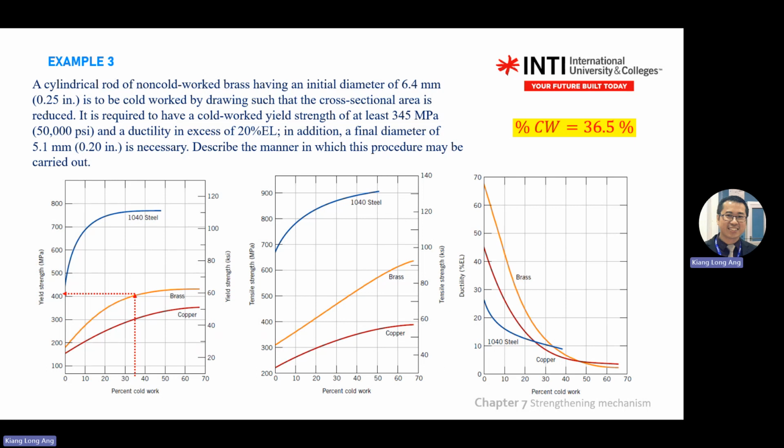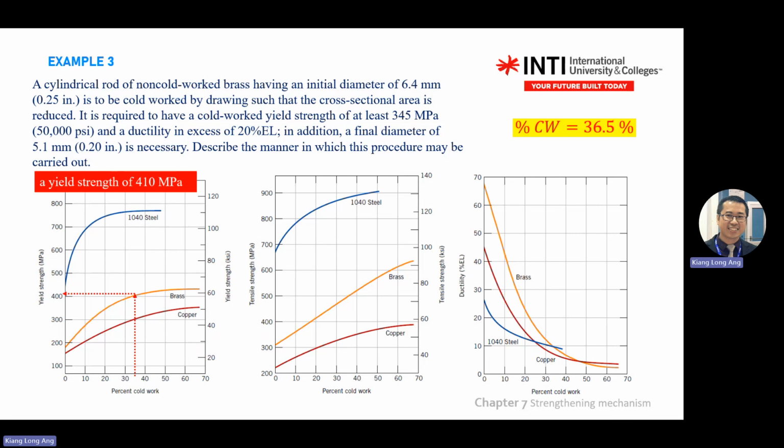Okay. Then the second one, ductility in excess of 20%. This graph, right? So 36% is about here, brass is about here. Does it pass? Yeah. Okay, so this one, tensile strength, does it give you tensile strength?